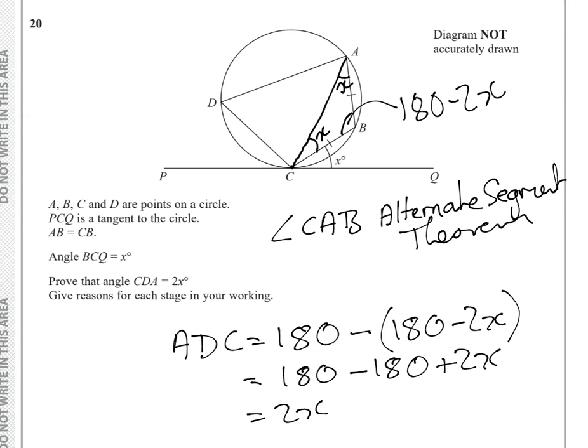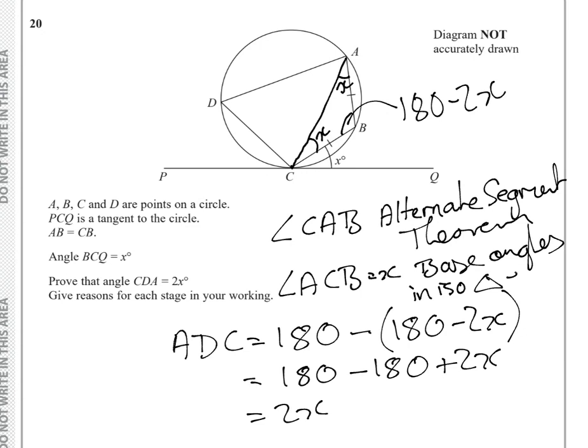And then angle ACB equals x. That's base angles in an isosceles triangle are equal.